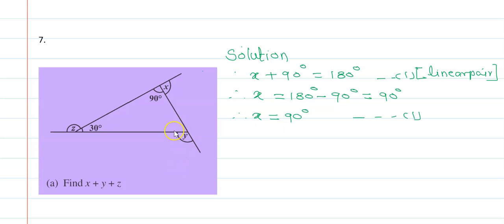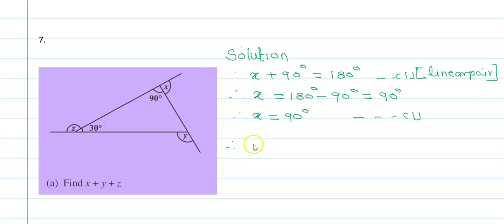Now see this here, the measure of angle y is equals to, what is the measure of angle? Consider this triangle. In this triangle, this angle y is an exterior angle, and the measure of this exterior angle is equals to sum of its remote interior angles.